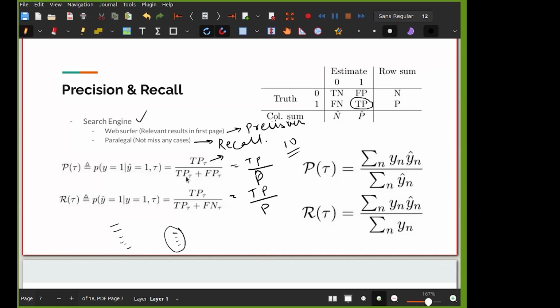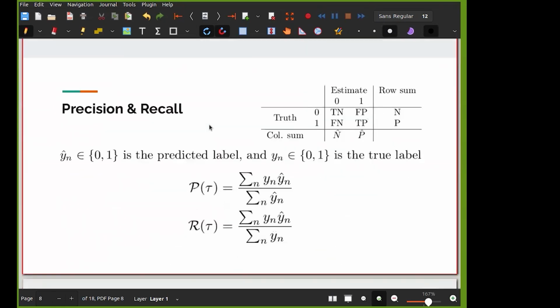So this was in terms of TP, FP, and all those things. But there's another way to look at it, which I think I have in my next page. Okay, I have it in my next page. Again, my estimate y hat could be either 0 or 1, and my true label yn can also be 0 or 1. So precision is simple, which is I take all the samples where my labels are matching, but in a sense that I ignore the zero ones. For example, 0 into 0 is 0, right?